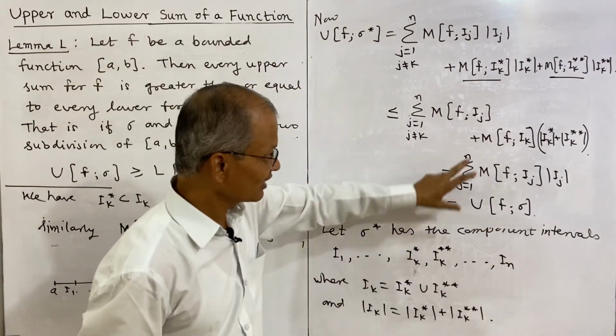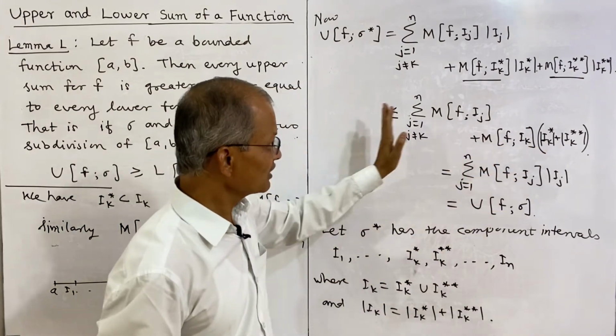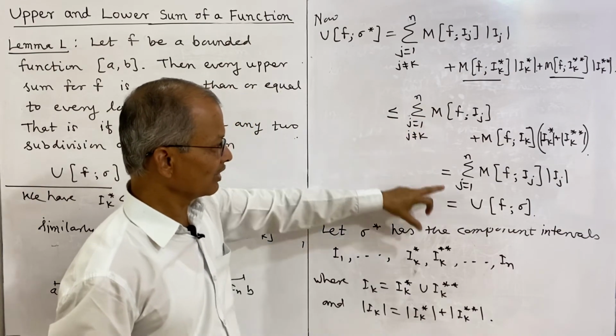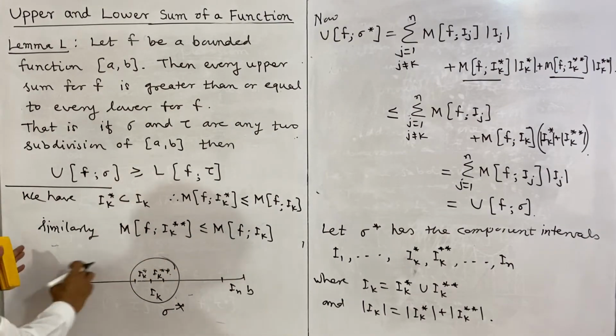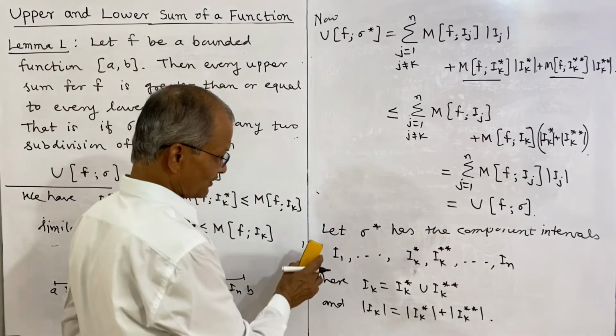I have not written that step, but we should note it, and that means the whole summation including k also, with j taking values 1 to n, which is the sum over the intervals we earlier considered in the subdivision sigma, the upper sum for subdivision sigma.